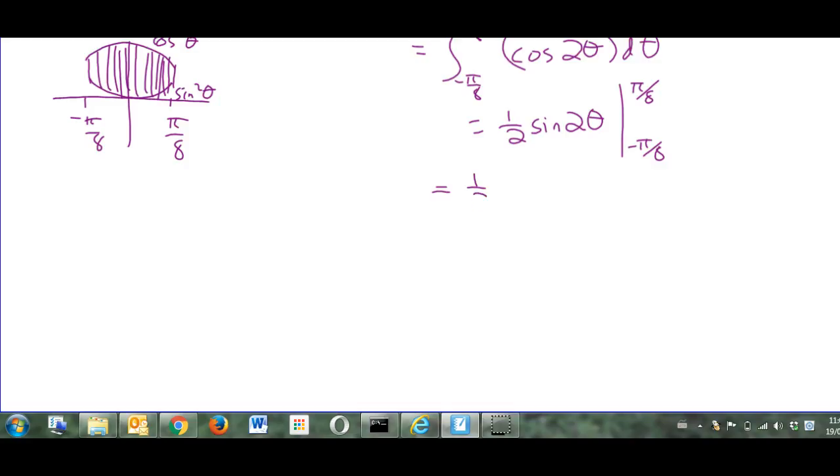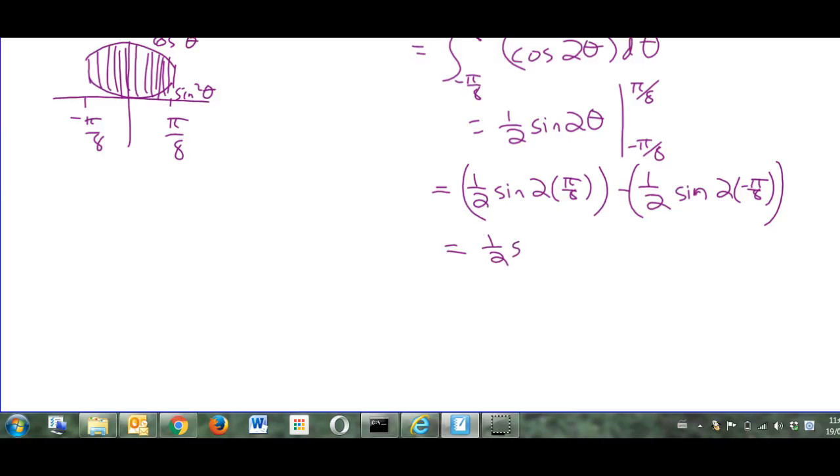That's going to be equal to 1/2 sine 2 times pi over 8 minus 1/2 sine of 2 times negative pi over 8. So 1/2 of the sine of pi over 4 minus 1/2 of the sine of negative pi over 4.